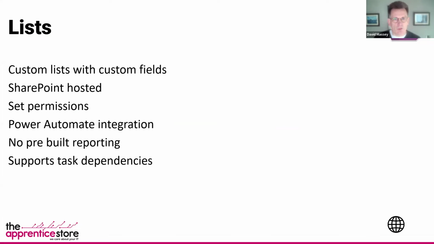Lists is probably one of the least used but most beneficial applications that's available inside 365. If you were asked to track something, I would suggest that most people will go to Microsoft Excel. Or if you've got to register for something, you go to Microsoft Excel.